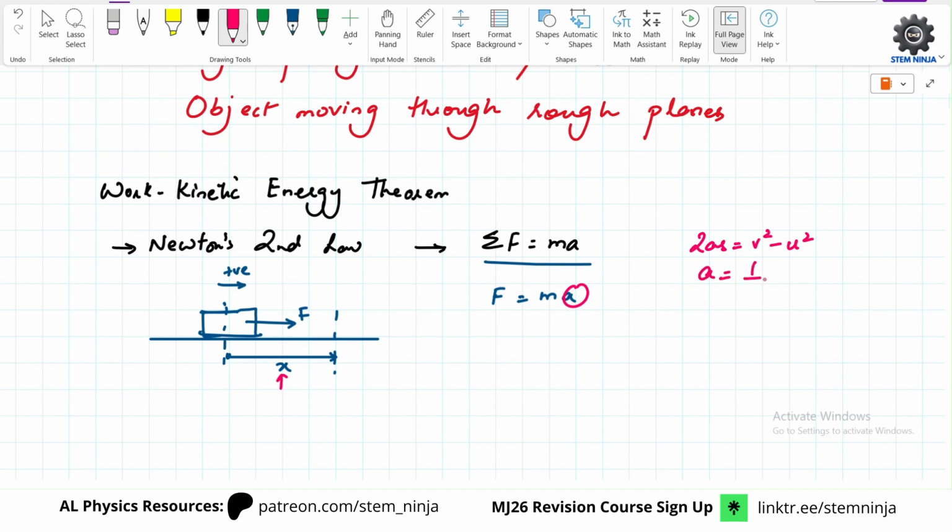So a would be 1 over 2s times (v squared minus u squared). So rewriting this, F equals m over 2s times (v squared minus u squared).